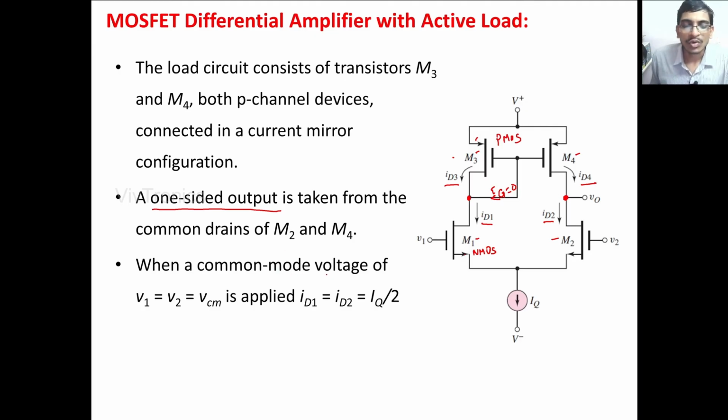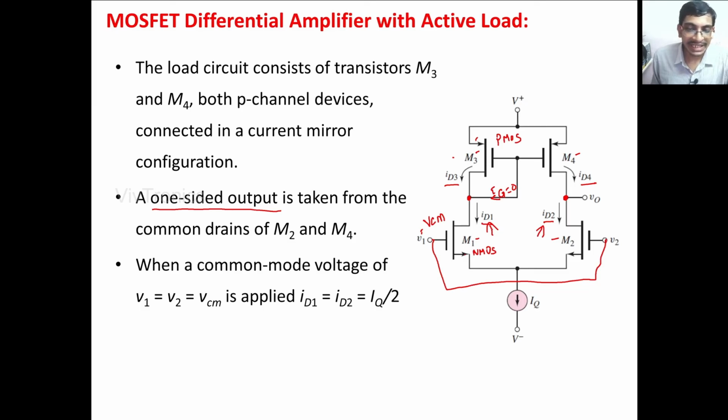When a common mode voltage is applied, V1 is equal to V2 is equal to Vcm. We join the V1 and V2 terminals and apply the same voltage Vcm, the common mode input voltage, to this differential amplifier.